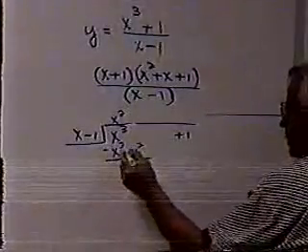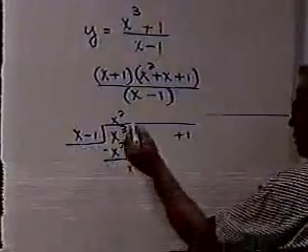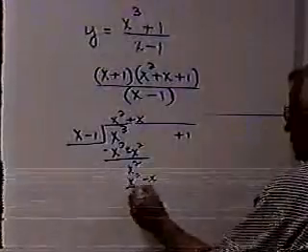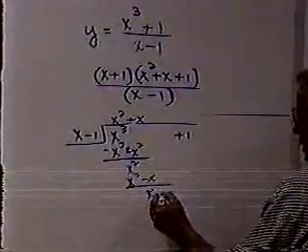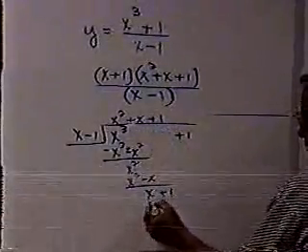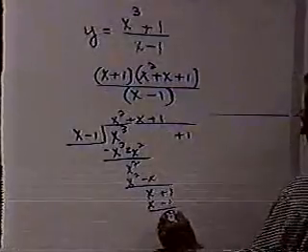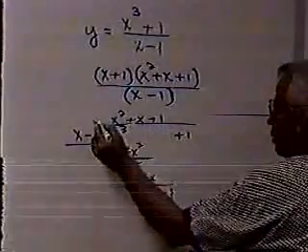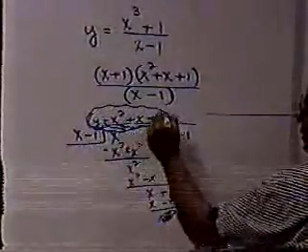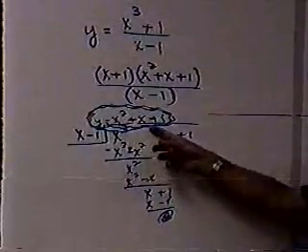Change the sign of the bottom one and add. So this is a plus x squared. X will go into x squared plus x. So this will go x squared minus x. Change the sign, bring it down. Plus 1. X will go into x one time. And so that'll be x minus 1 with the remainder 2. Don't care about the remainder. Therefore, what we want to plot is y equal to x squared plus x plus 1 for our dotted line.